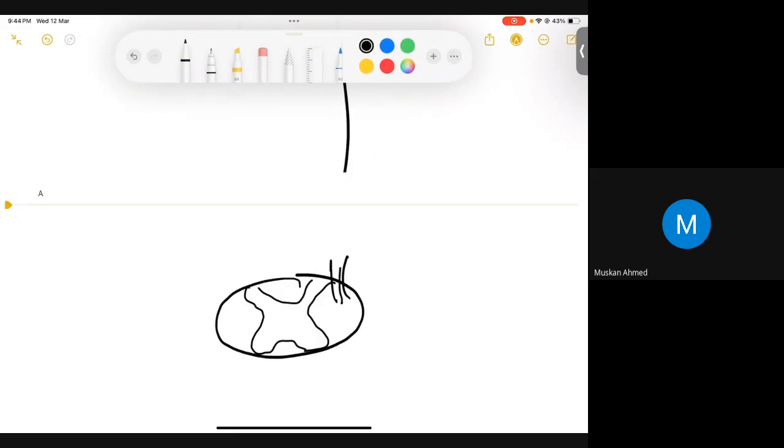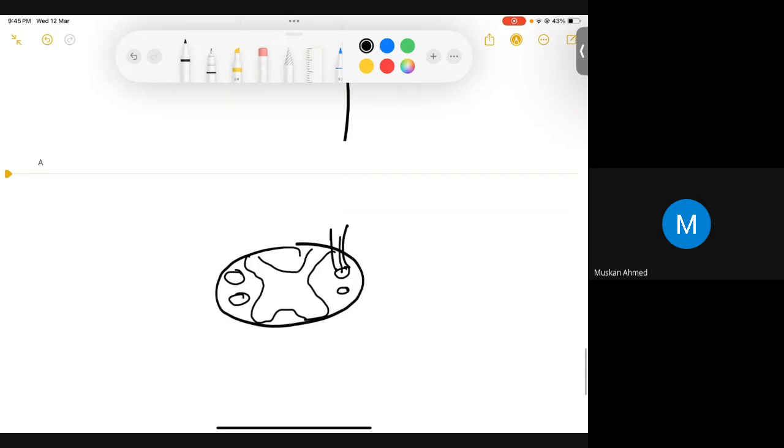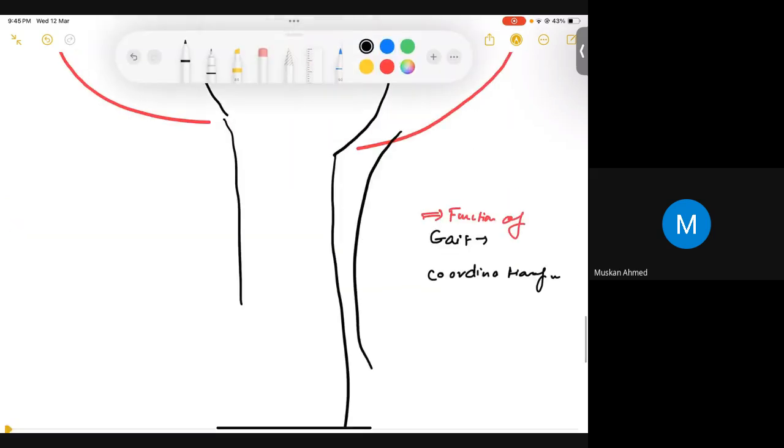But you have some small tracts known as spinocerebellar. It means these tracts move to the cerebellum. So you have anterior and posterior spinocerebellar, and all of these tracts just move into the cerebellum. Is that clear?